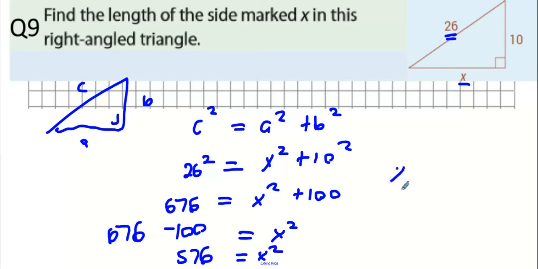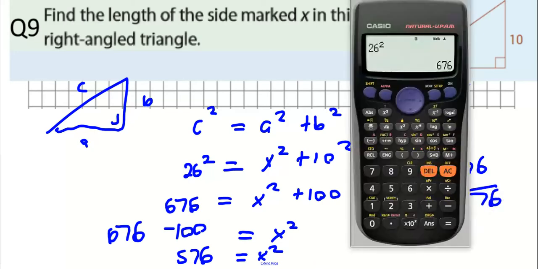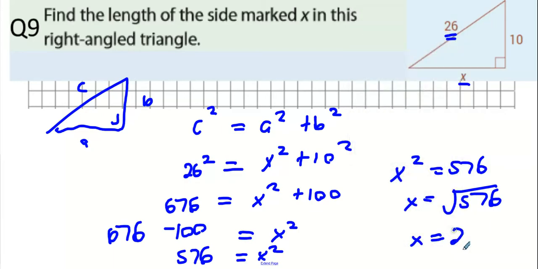It could be also written as x squared equals 576. Now, what number, when multiplied by itself, gives you 576? This is where you use the square root sign. Root 576 is 24. So the answer will be 24. It has to be shorter than 26 because 26 is the longest side.